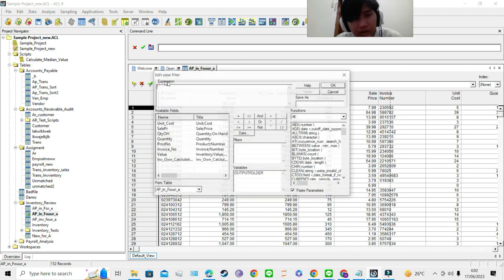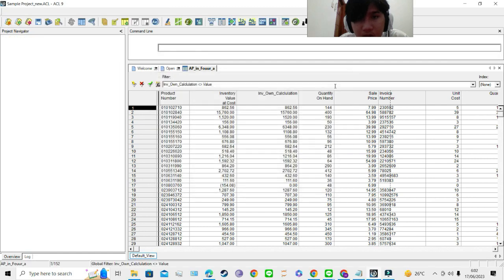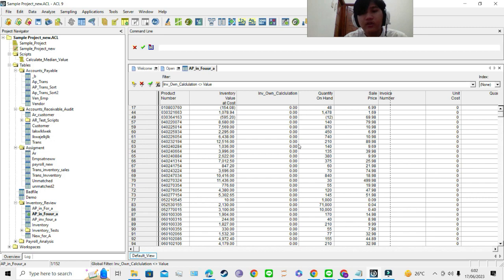Then what if there are different numbers? Let's say we use this function to find the difference calculation.